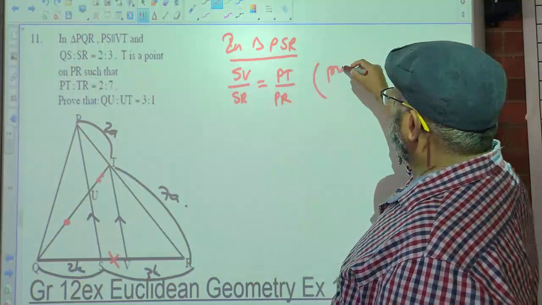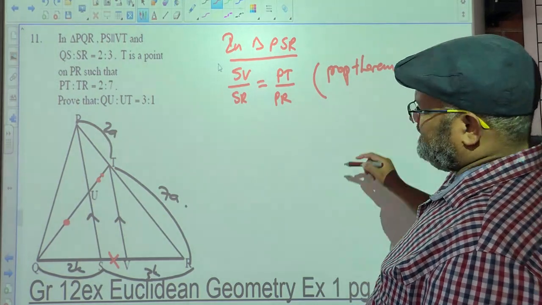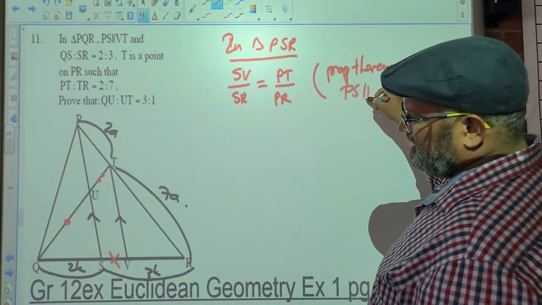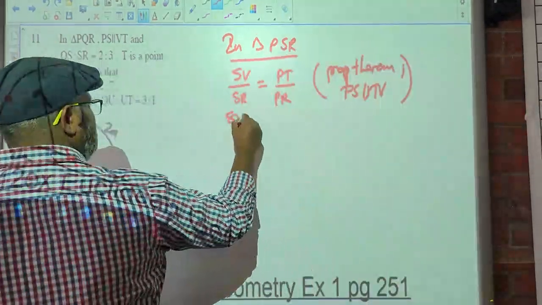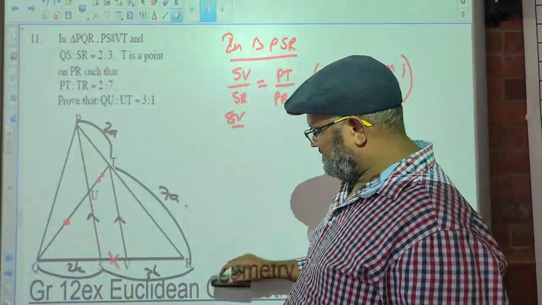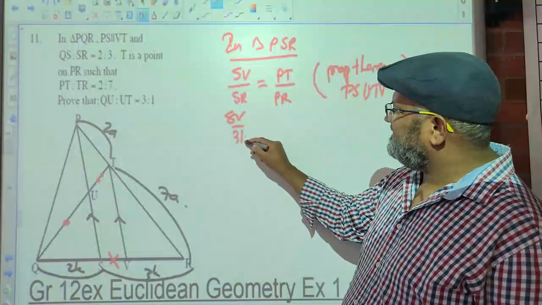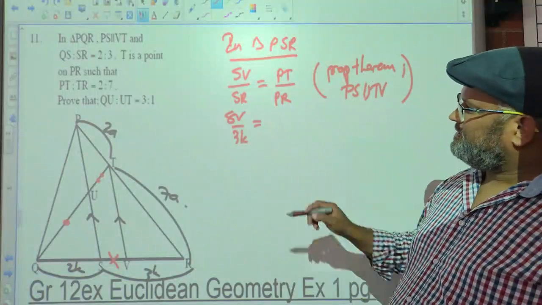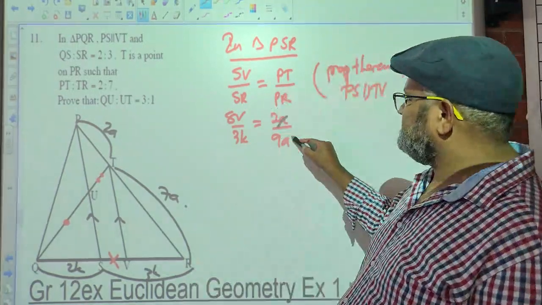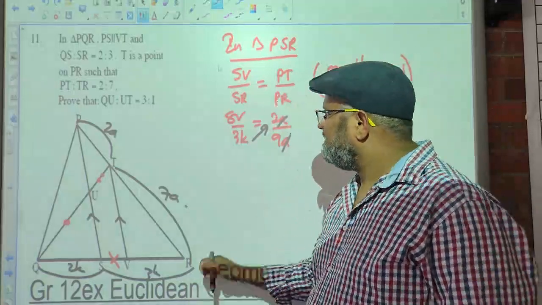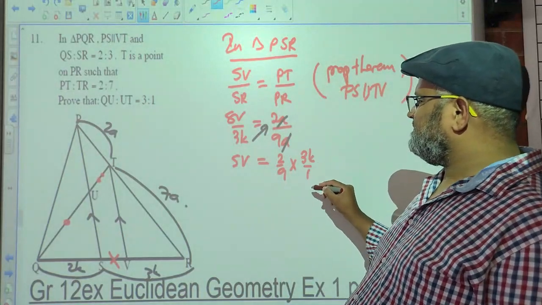Reason: the prop theorem with PS being parallel to VT. So SV over SR, which is 3K, is equal to PT 2A over 9A. So that cancels. Take the 3K up, SV is equal to 2 over 9 times 3K over 1.